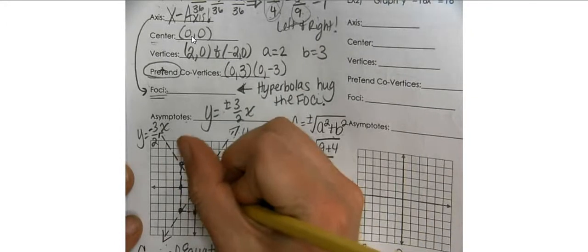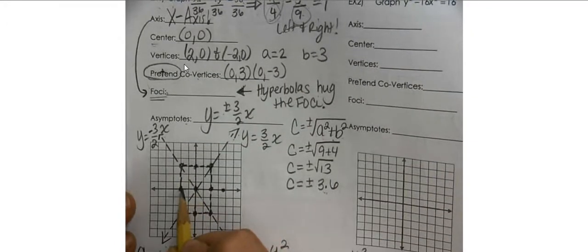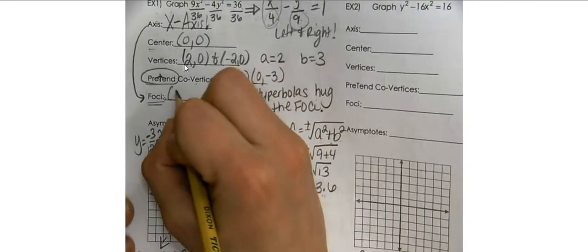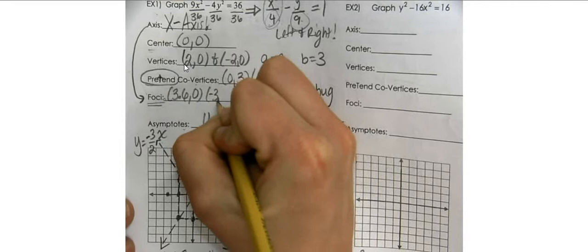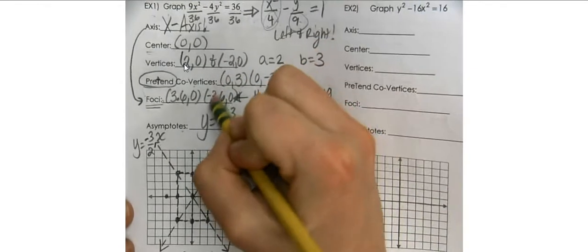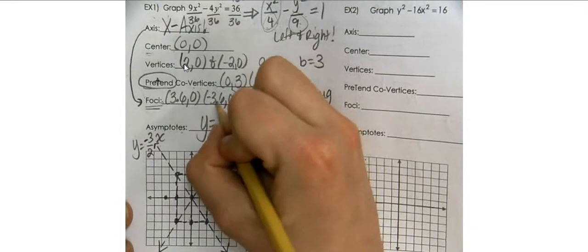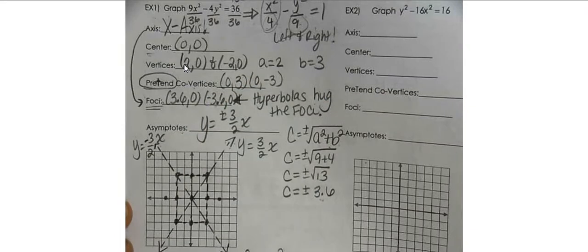And over on the other side, I'm going to count 3.6 units. 1, 2, 3.6. These ordered pairs are located at (3.6, 0) and (-3.6, 0). So those are my ordered pairs.